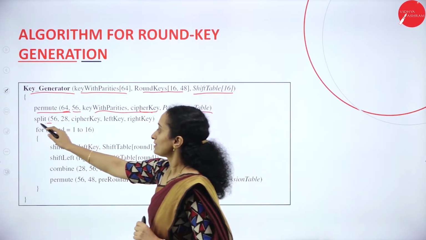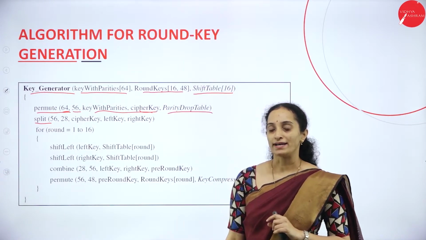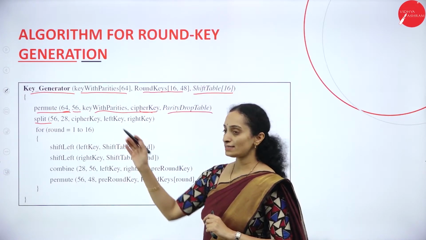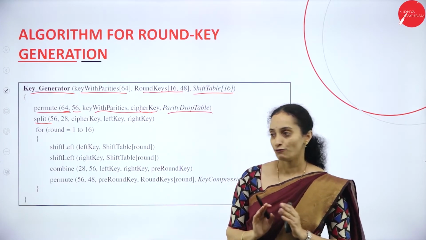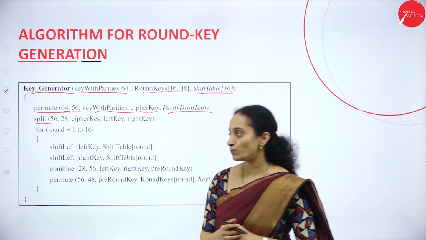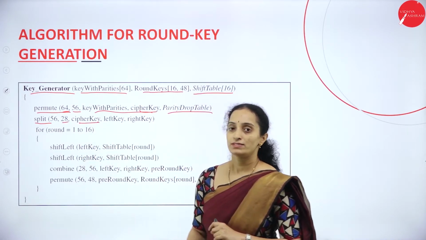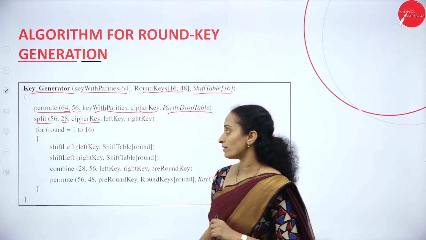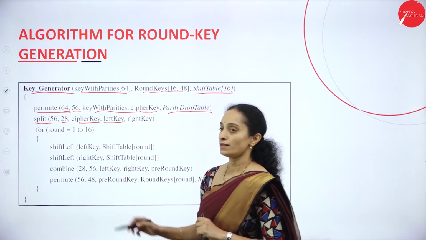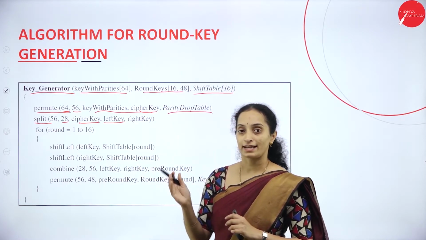Now the next thing is splitting. Once the parity bits are dropped, the next thing is splitting the 56 bits into 28-bit blocks, 56 to 28, which is fed to the variable cipher key, again divided into left key and right key.